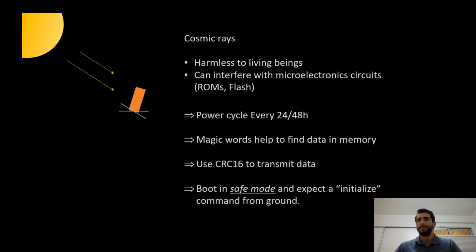And last, for this class of problems, an interesting approach is to boot in safe mode every 1 or 2 boots. I mean, every day or two, do a safe boot. Why is that important?